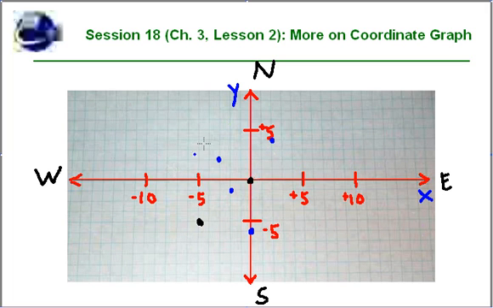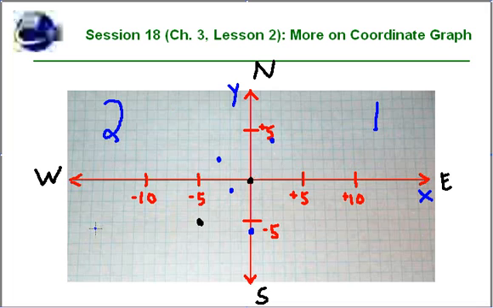We have this quadrant over here, which is to the left of the y-axis and above the x-axis. We also have this quadrant over here, which is to the left of the y-axis and beneath the x-axis. Then we have our last quadrant over here, which would be to the right of the y-axis and beneath the x-axis. And what they've done is they've labeled each of those quadrants and given it a number.